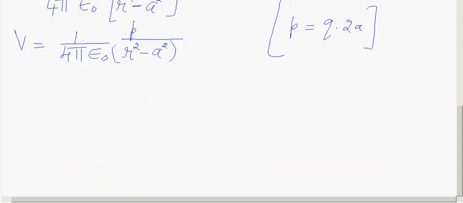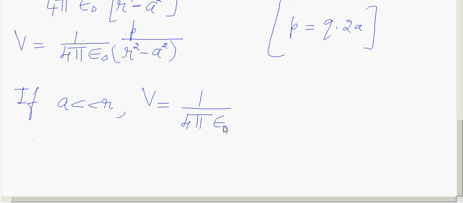And if the point P is very far from the dipole, or if a is very small compared to r, then the potential becomes equal to 1 by 4 pi epsilon naught into p by r square.